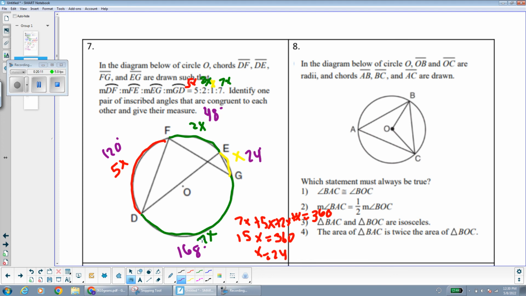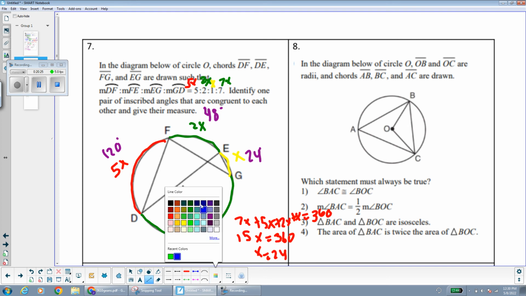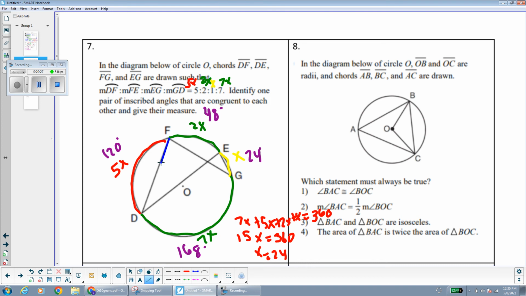Okay. What we need to do here is identify one pair of inscribed angles that are congruent to each other and give their measurement. So let's check out inscribed angles that we have here. Let me get a different color for this. So here's an inscribed angle, angle FDE over here.